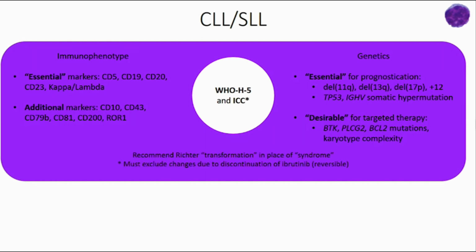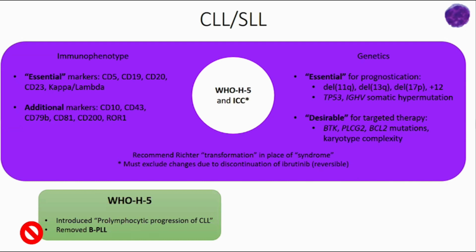Both systems do recommend using Richter's transformation instead of syndrome. But the ICC especially warns that people should be very careful not to overcall Richter's and to make sure that patients hadn't recently stopped a drug called ibrutinib, as these Richter's transformation-like changes are reversible when ibrutinib is resumed.